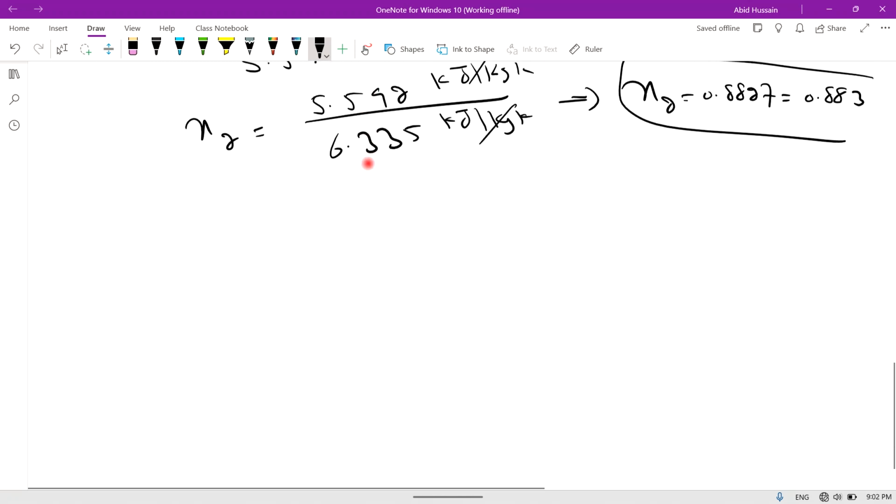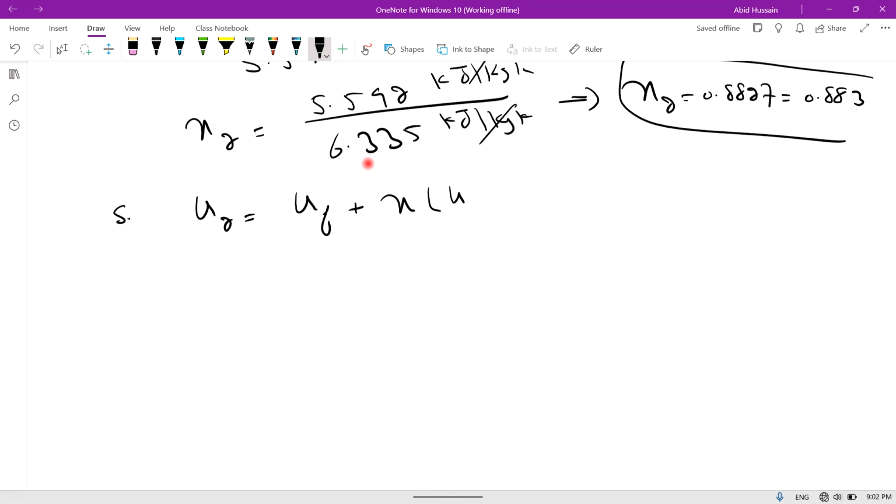Now we find U2. U2 is equal to UF + X(UG − UF). First we find UF and UG from the saturated steam table.